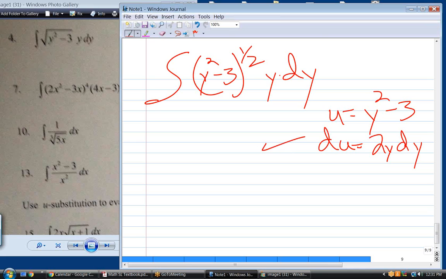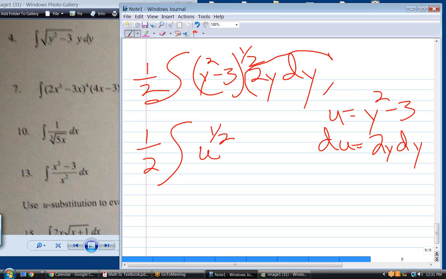Well, we've got a y dy, and I can easily stick a 2 in there as long as I stick a 1/2 out there. With me? Okay. Now I can turn it into an entire integral in u. This becomes u to the 1/2, and this 2y dy becomes du.